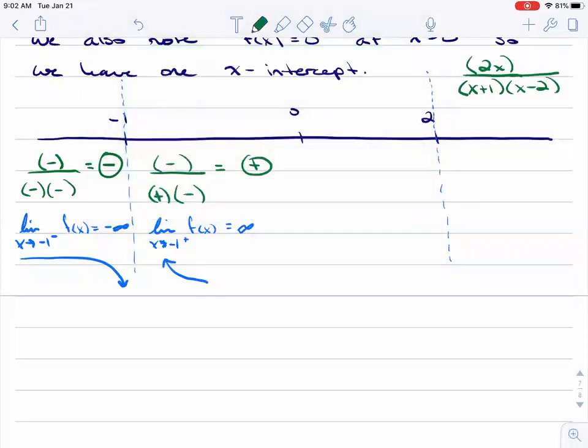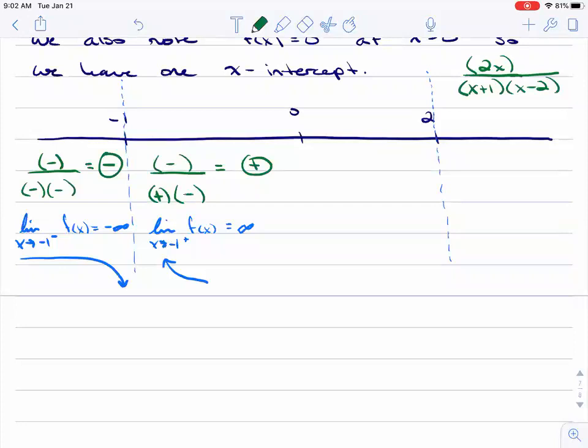Same idea, now we're on the interval between 0 and 2. The signs for all of these aren't going to change in that interval, and so we can pick something simple like 1. And so we get 2 times 1, that's positive. 1 plus 1 is 2, times 1 minus 2.